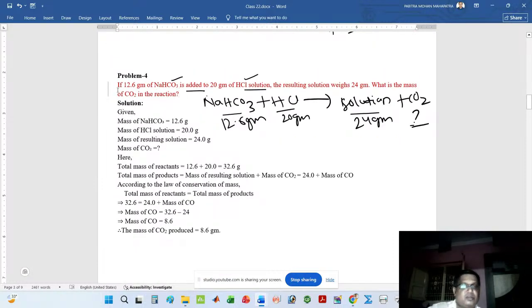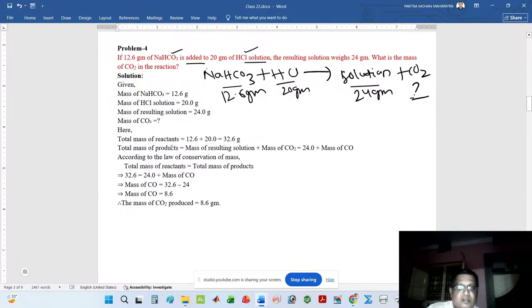Suppose you think that this equation obeys the law of conservation. Think that the reaction obeys the law of conservation of mass.